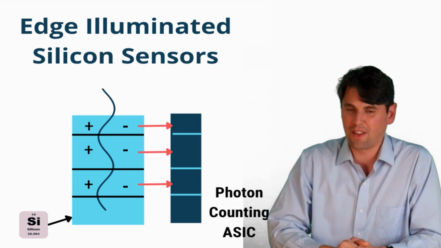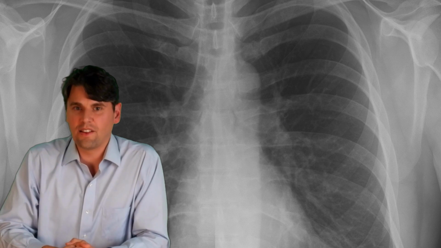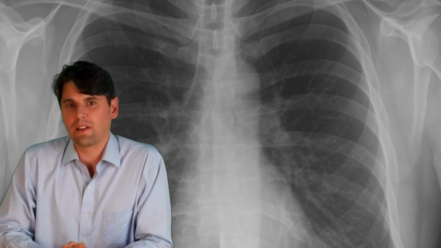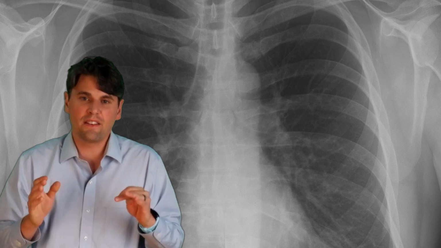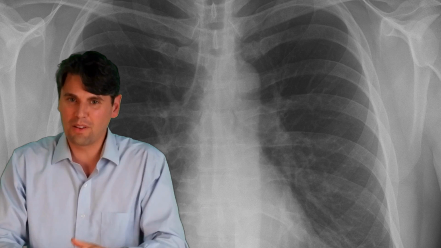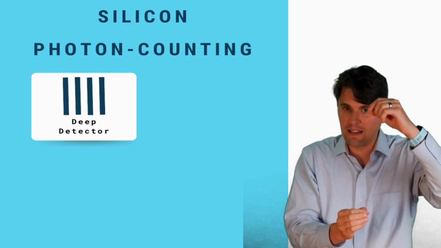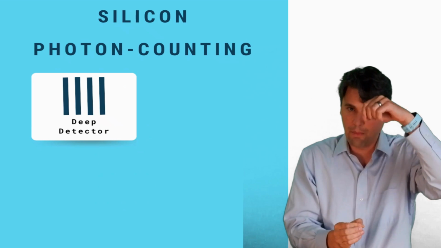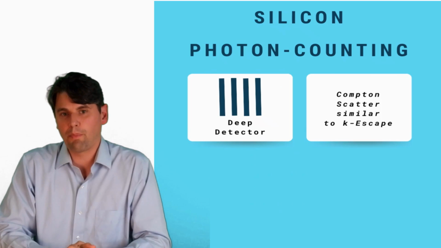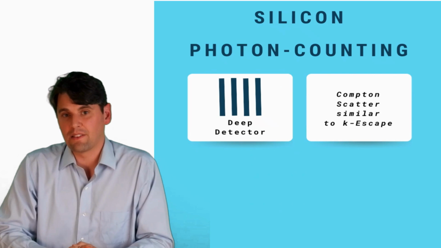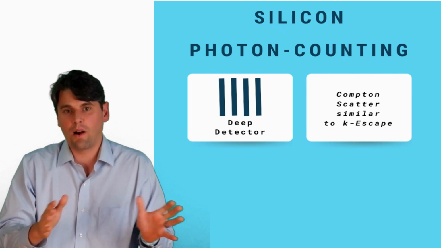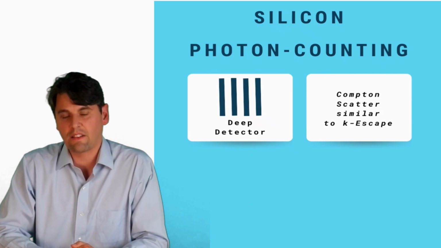If we look at the silicon detectors and talk about some properties of them, like we said, the material has to be at least 10 times thicker. So it's what we call a deep silicon detector. Interaction probability isn't as high in any one region, so you need a much thicker detector. Also, there is a higher possibility of Compton scatter in silicon than in traditional detectors.